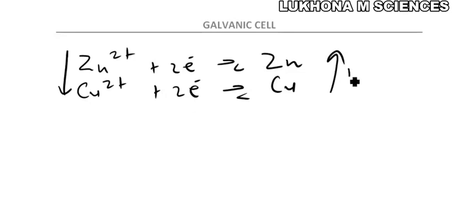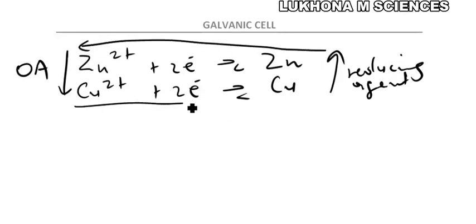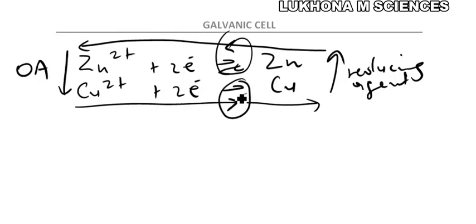So we have a reducing agent here, strength of reducing agent here, strength of oxidizing agent. This simply means that we are going to choose this arrow for zinc. Then for this one, we're going to choose the arrow that goes to the right.